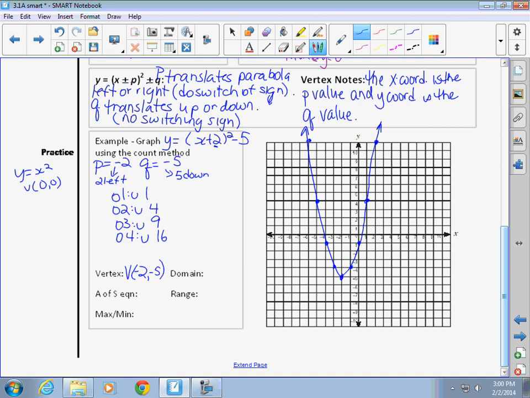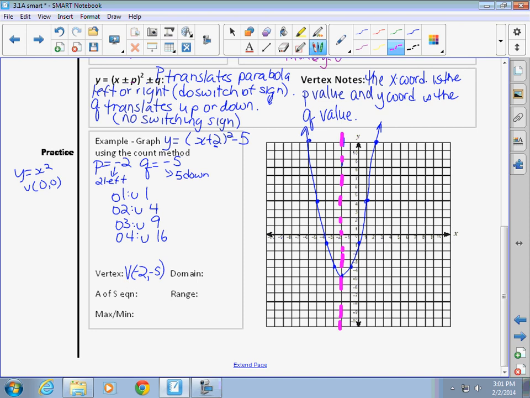So my axis of symmetry for this has moved. It's no longer at 0, it's now going through -2. Whoops, that's supposed to change color and it didn't. So there's my axis of symmetry. My axis of symmetry is at x is equal to -2, which also happens to be my vertex.